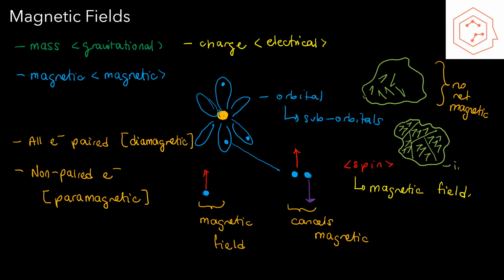And iron, nickel, and cobalt are some of these atoms. And these atoms, which have this domain packing, are called ferromagnetic.